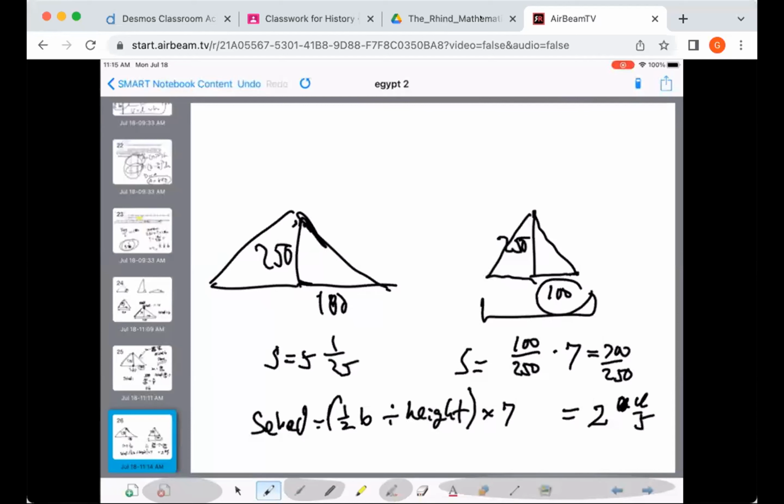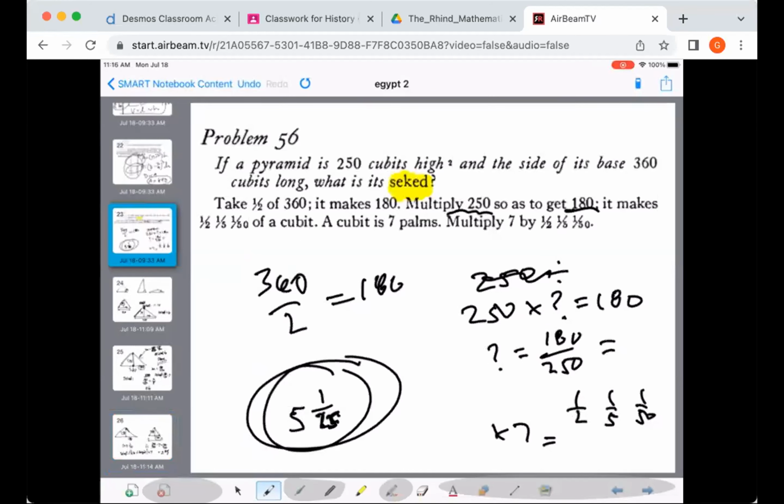We can actually see, let me leave this up for a second. So there's a formula for you. It's not a hard formula to apply. Here they explain, take half of 360. That's half the base. It makes 180. Multiply 250. So to get 180, that's basically saying 180 divided by 250 becomes this.